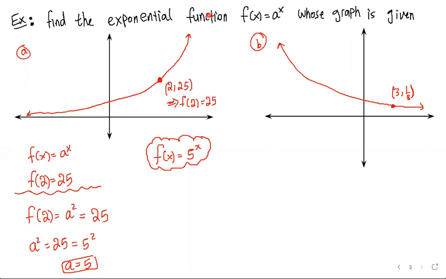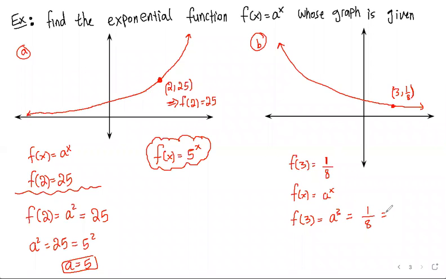Same idea here. I'm not going to do the whole question, but here I can say f of 3 is equal to 1 over 8. My function is f of x equal a to the x. I plug in x equals 3, so f of 3 equals a to the 3, and this equals 1 over 8.